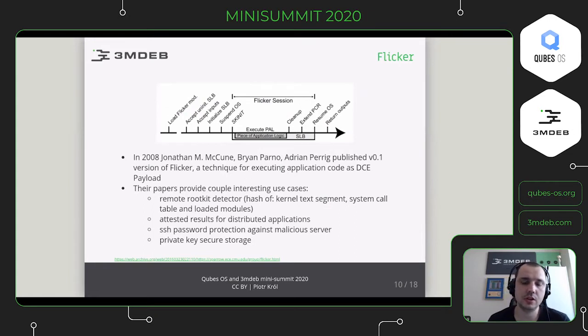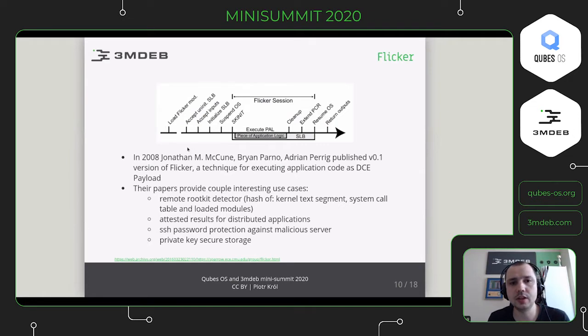They call these payloads pieces of application logic. There is also SLB, which in their case is a kind of library that provides some basic functions to the piece of application logic.